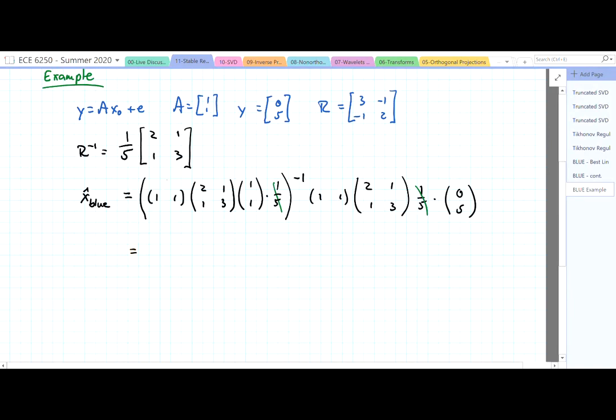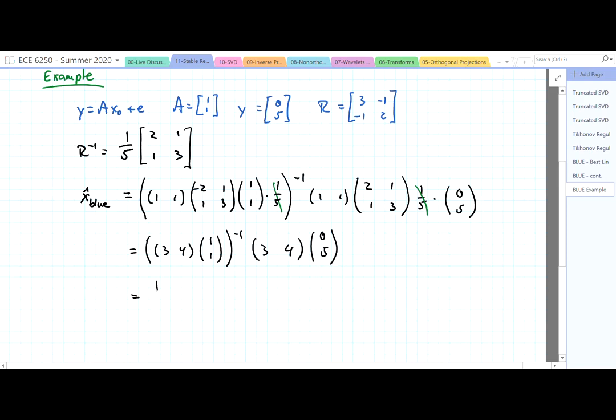So now we have, I'll do it in steps, 3/4 times [1, 1] inverse, 3/4 times [0, 5].